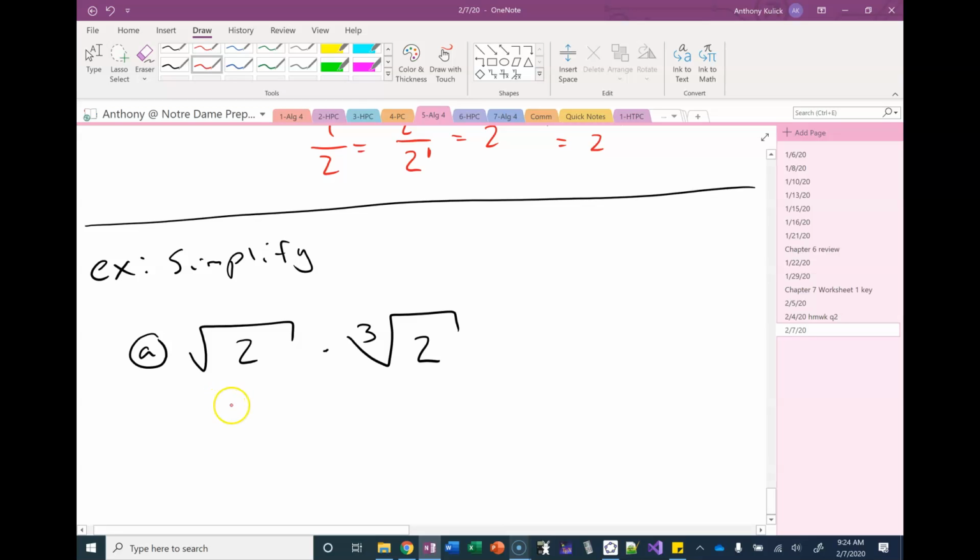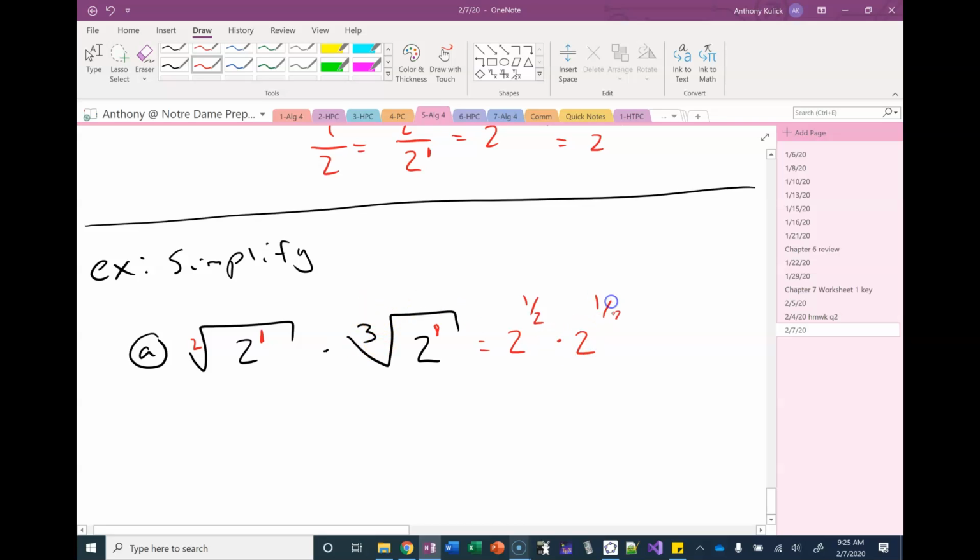So what we're going to do instead is we're going to rewrite these in the exponential form. So the square root of 2 has an exponent of 1 on the 2 and an index of 2 on the radical. So that becomes 2 to the 1/2. The cube root of 2 has an exponent of 1 on the radicand and an index of 3 on the radical.